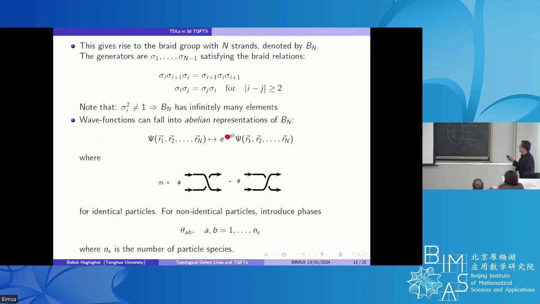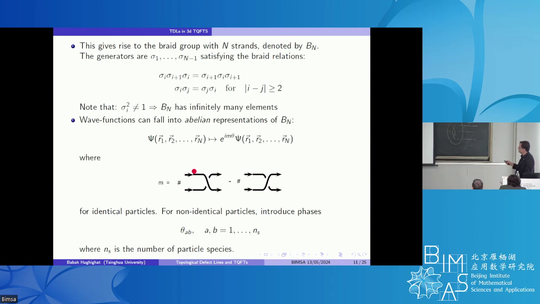Now, in this particular example that I mentioned, where you get a phase, these wave functions after many of these operations, if you have identical particles, if you change them in this way or this way, so if this guy goes down or if this guy goes up, you have a different sign. And so this m here depends on the difference, and you finally get this action on this wave function. And for non-identical particles, you can introduce different phases which depend on the particular particle in question.